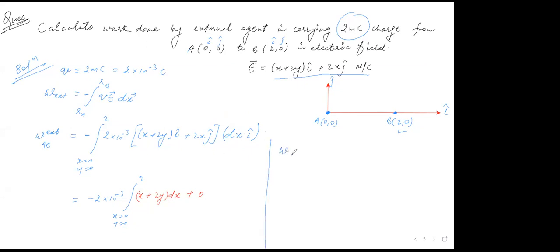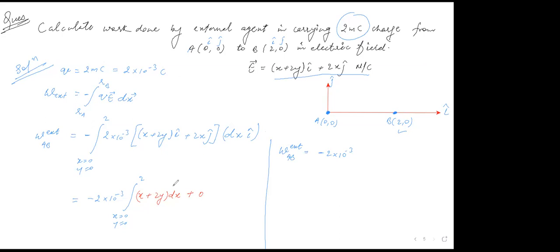Now, W_AB external is equal to minus of 2 into 10 raised to the power minus 3. In your integral, I hope you already know that you can integrate only those functions which are already differentiated.